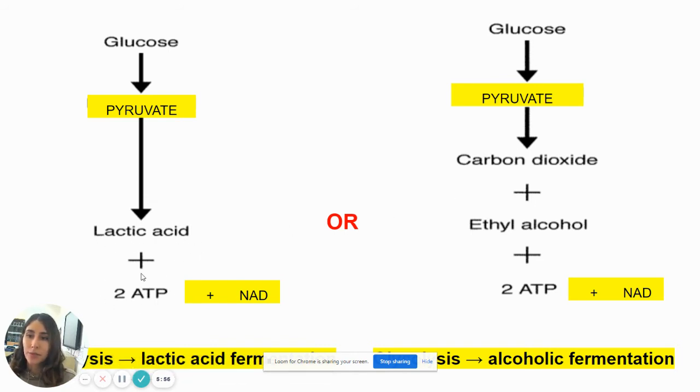And these two ATPs actually came from glycolysis, not the fermentation process itself. Same with alcoholic fermentation. We begin with glucose that gets turned into pyruvate during glycolysis, and then carbon dioxide, alcohol, and the two ATPs are produced. Remember that the two ATPs were produced in glycolysis and not in the fermentation process itself.